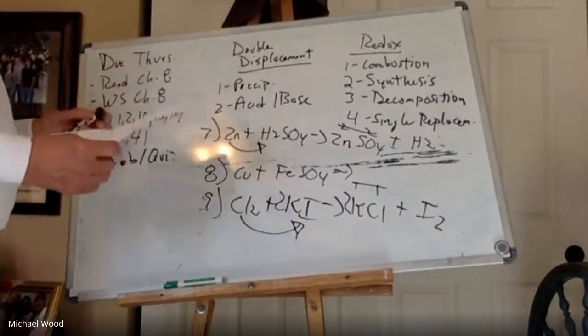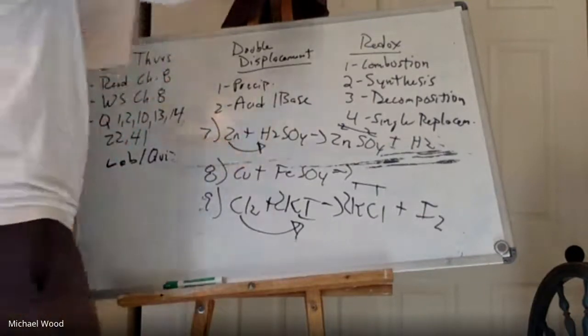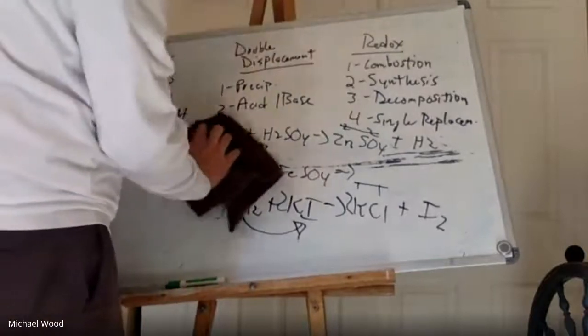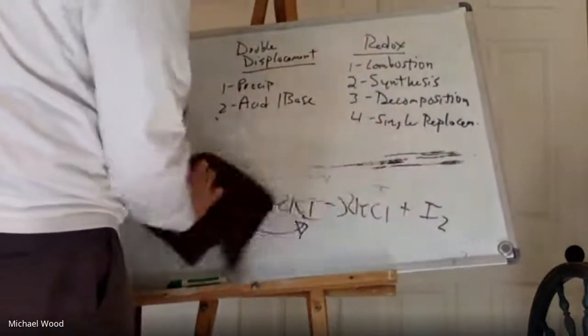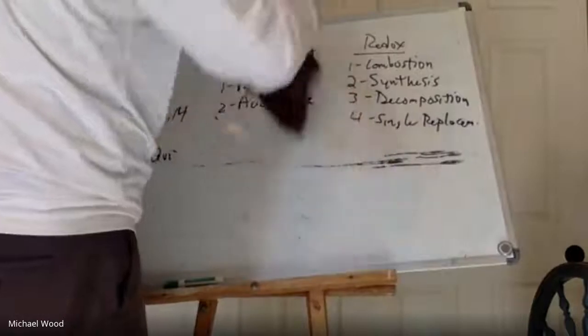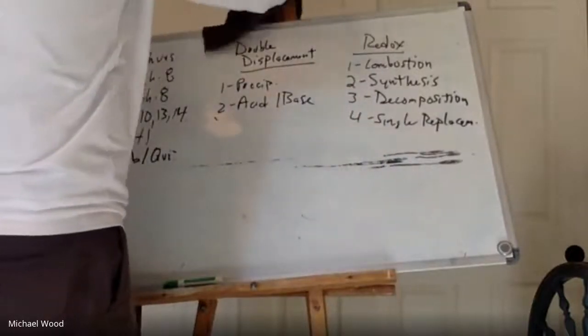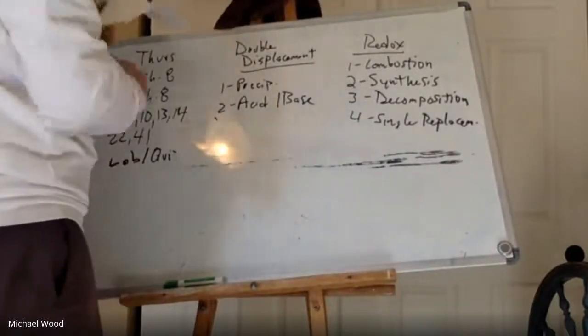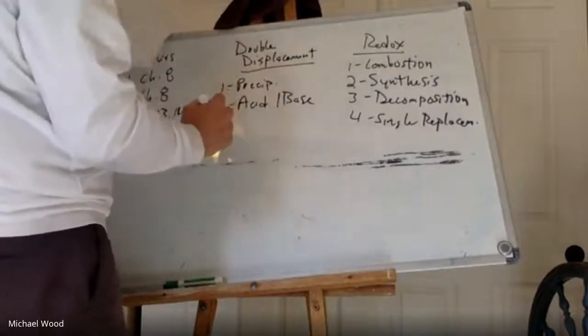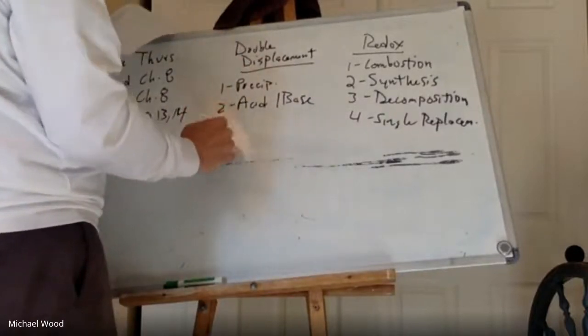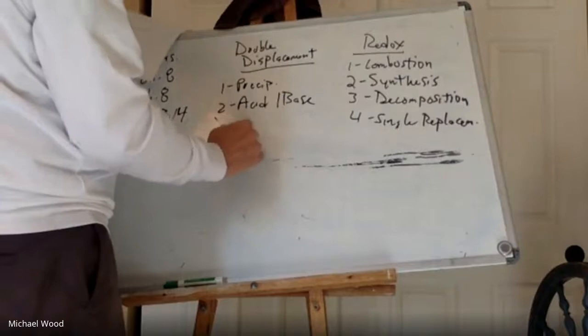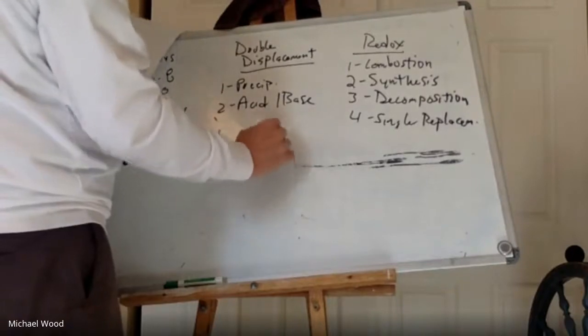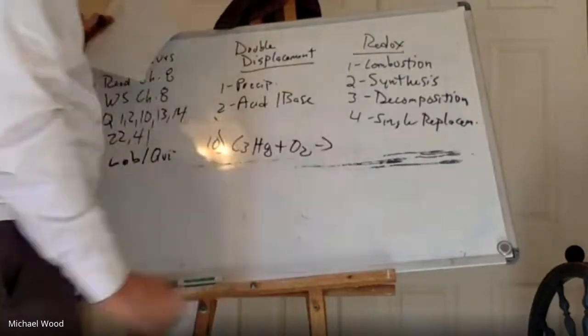Okay, and the last one is number 13. So when it's combustion of a hydrocarbon, you always get off CO2 and water. So these, to me, are so much easier than what we did.